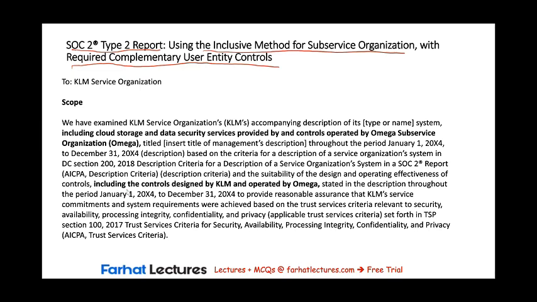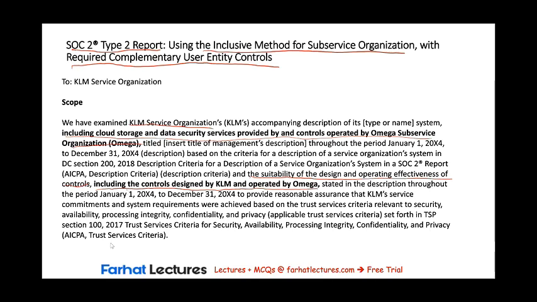So we have to mention that we're not only examining the service organization's description of its system, but we have also to include the subservice organization here. And we have to mention it everywhere we mention the service organization. So when we're mentioning the suitability of the design and operating effectiveness of controls, we're including the controls designed by the service organization and operated by the subservice organization.